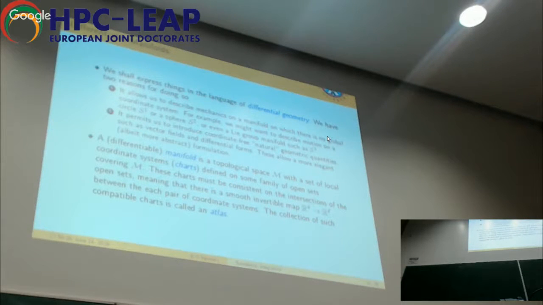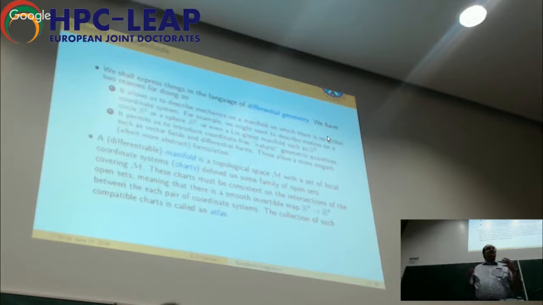So you compare a pair of coordinates in one coordinate system with a pair of coordinates in the other coordinate system, and I know what I mean by differentiable. I don't know what it means to be differentiable for abstract point sets, but I do know what it means to be differentiable and smooth between coordinate systems. That's the way that one gets the smoothness into the structure. And a collection of such compatible charts is called an atlas.